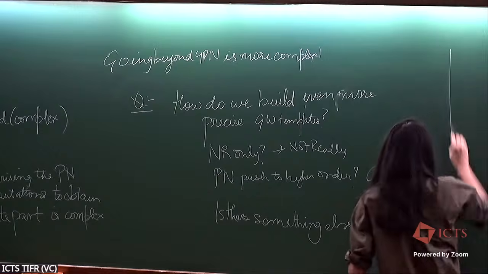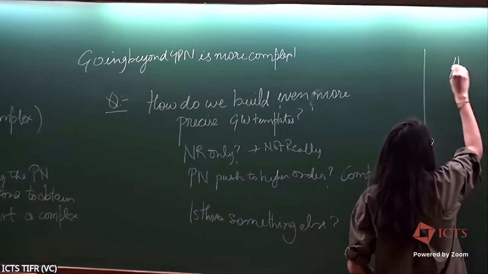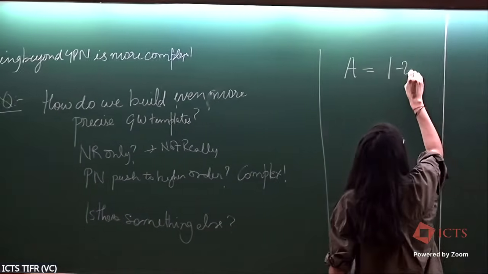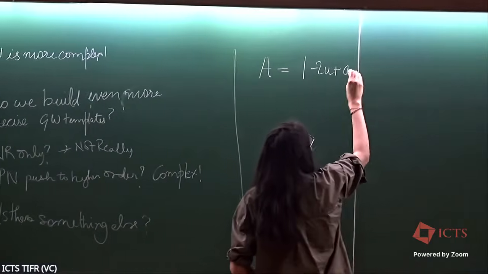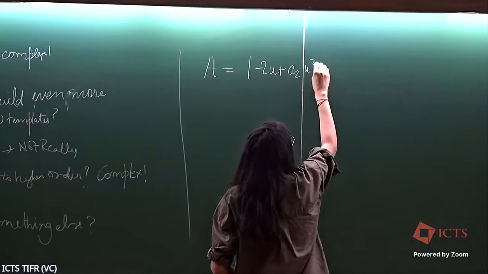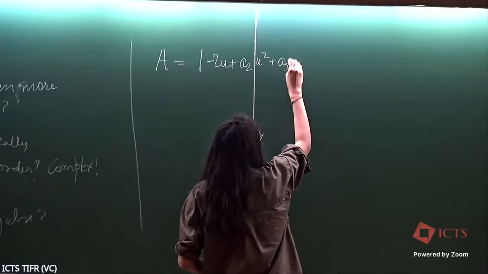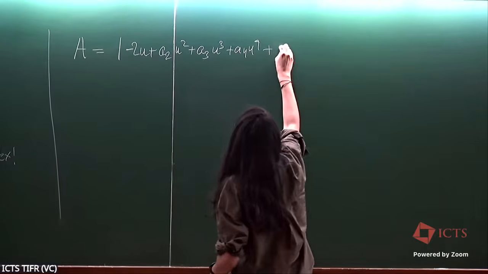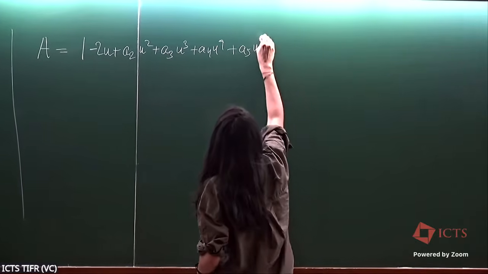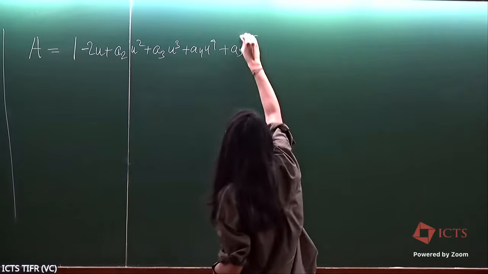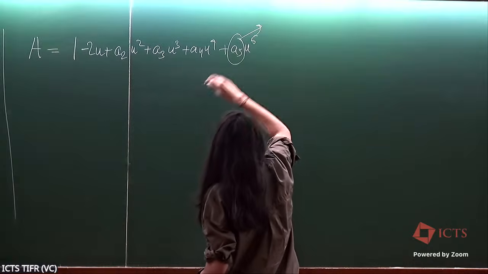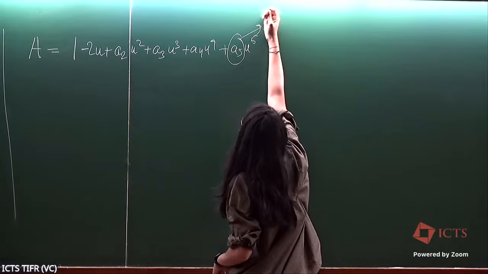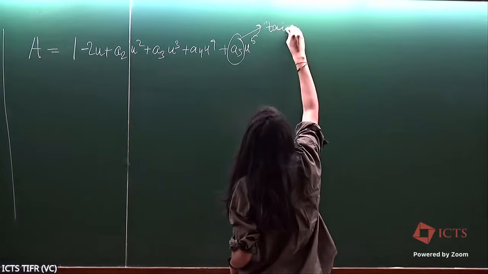Before answering this, let's look again at A, the metric potential. We will come back to the computation of this A5 because of the presence of tail terms, just in a minute.